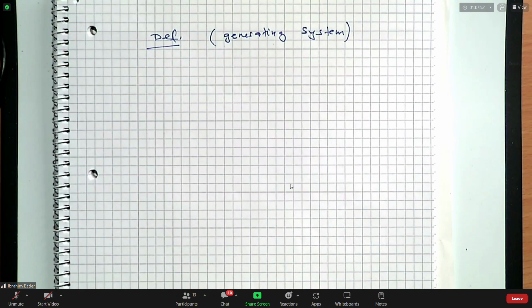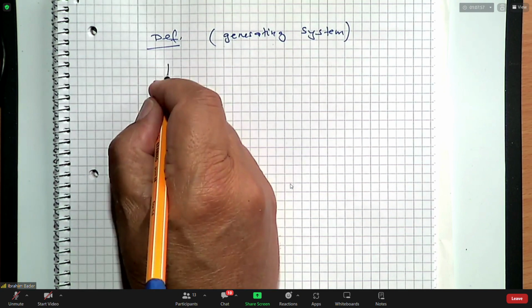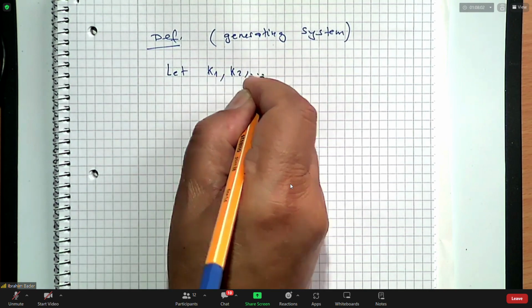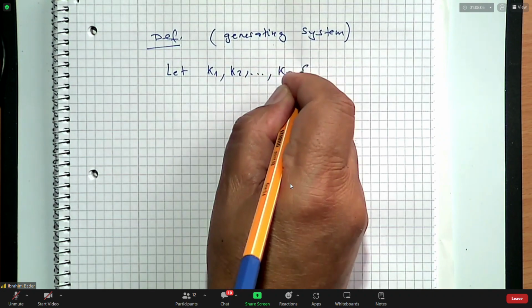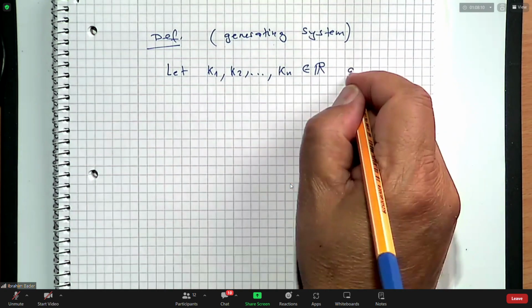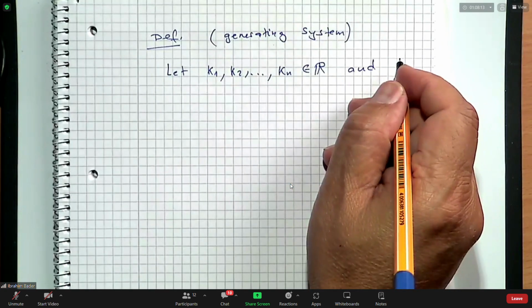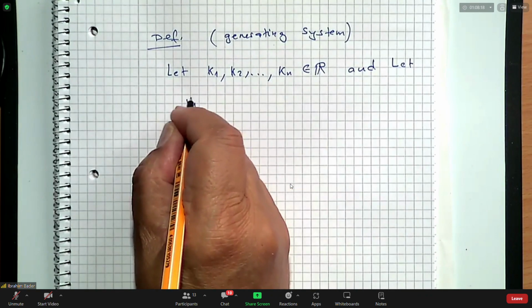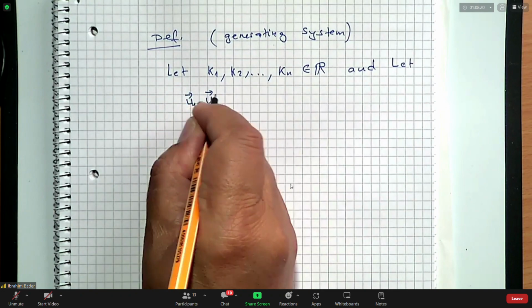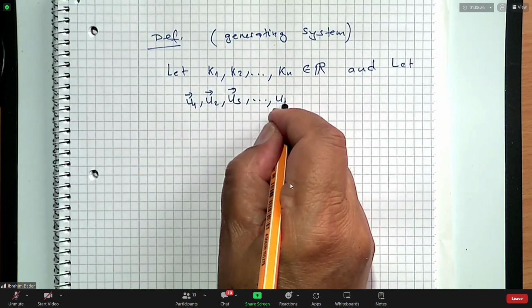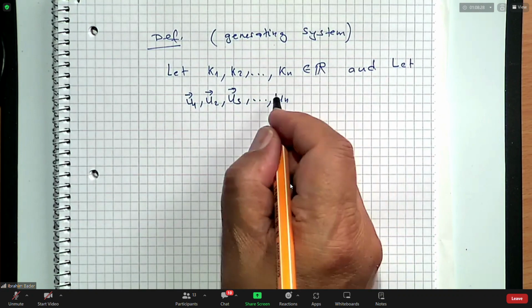What I just mentioned informally: let's assume we have constants k1, k2 up to kn that are real numbers, and let's assume that we have as many vectors, u1, u2, u3, and so on up to un.